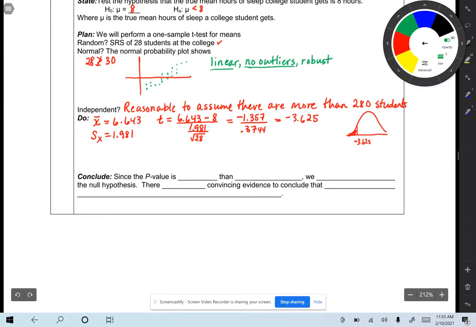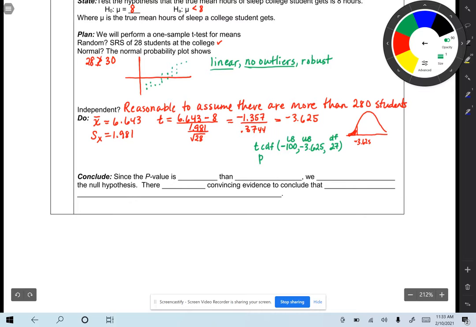So to do a tcdf, our lower bound this time will be some number to the left of that, so negative 100. Our upper bound will be our test statistic, which is negative 3.625, and our degrees of freedom is 27.